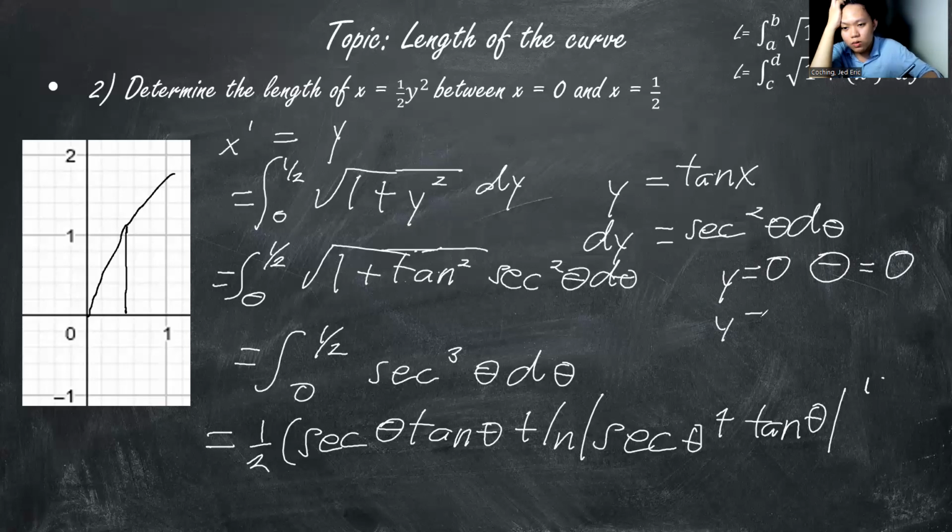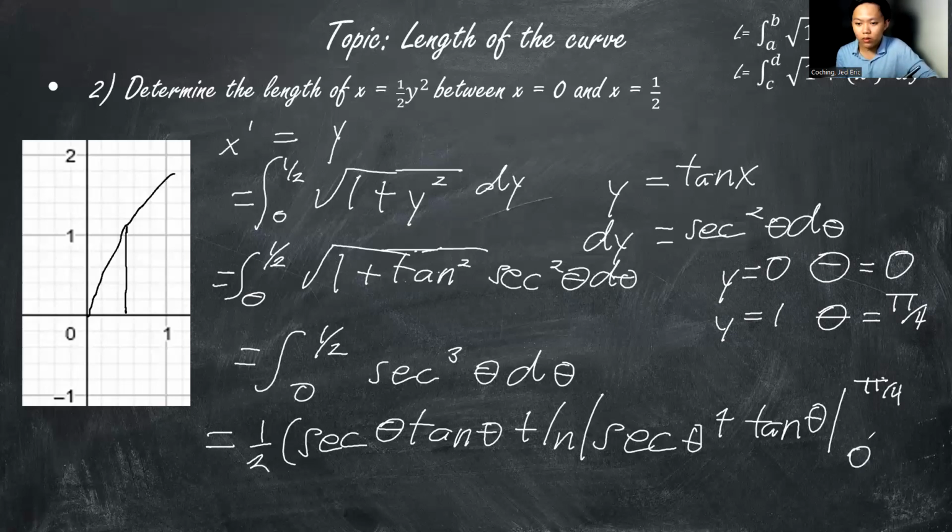If y equals 1, then 1 equals tan theta, so theta is, if I remember correctly, pi divided by 4. So the limits become pi divided by 4 and 0.